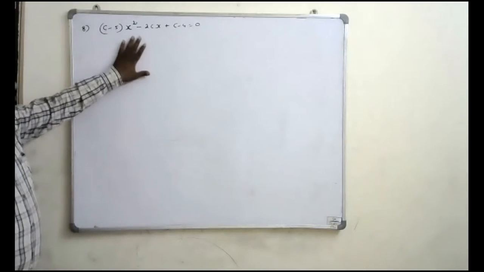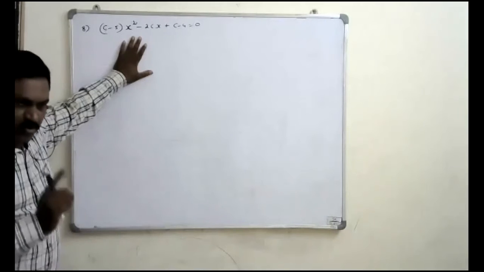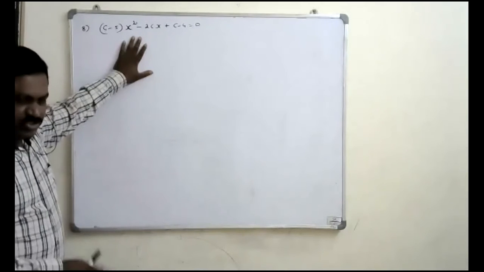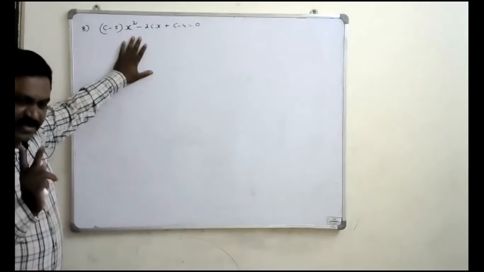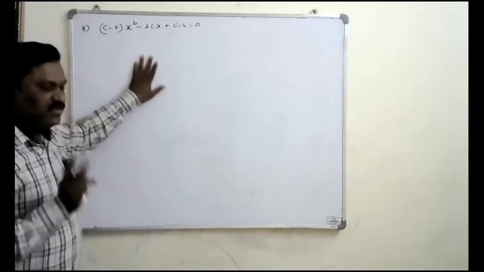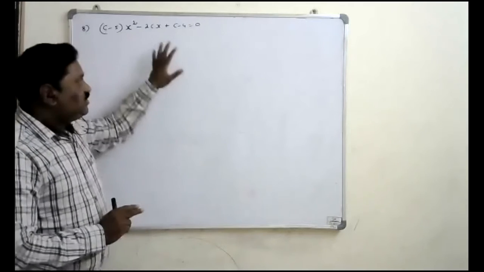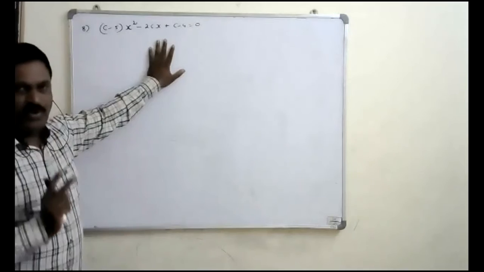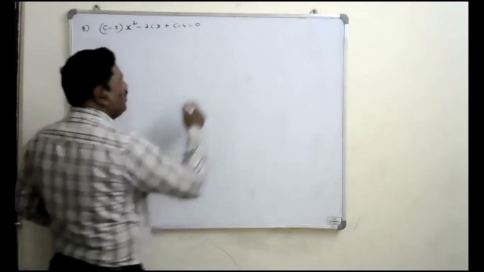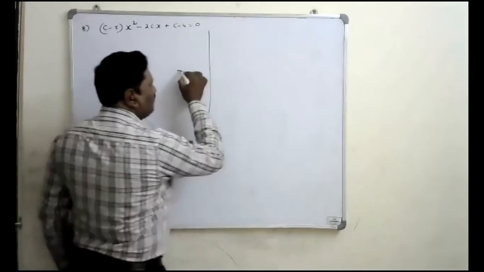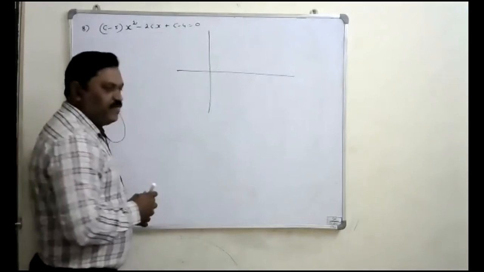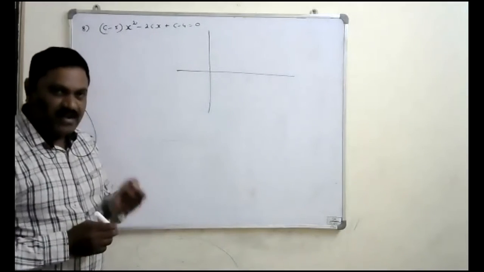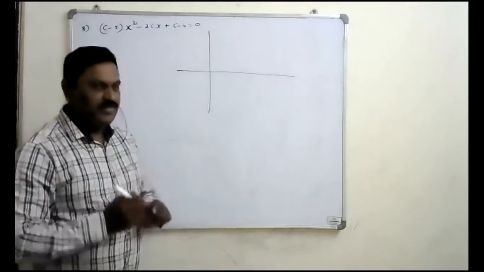So this is the expression. I already told you that this expression has two roots, which means it is going to meet the x-axis at two different points. There are two possibilities, because one root is lying between 0 and 2, and the other root is lying between 2 and 3.